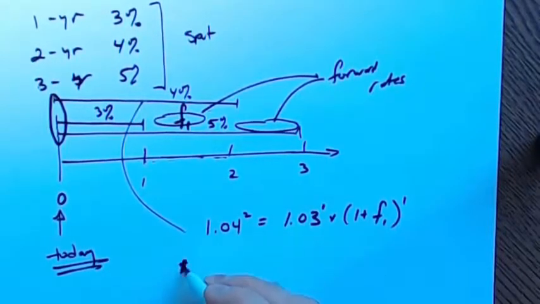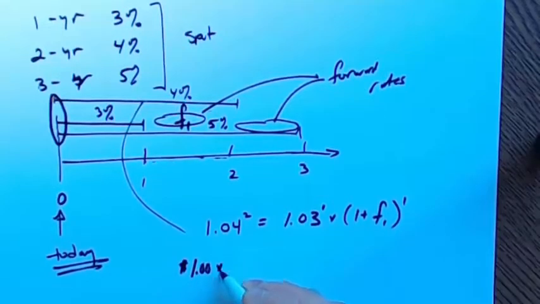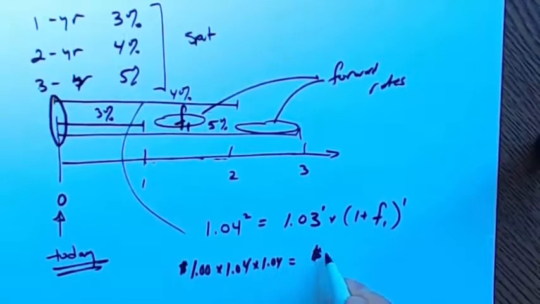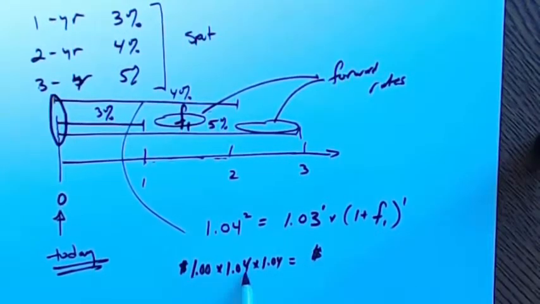So you can think of this as, look, $1 times 1.04 times 1.04. So you invest $1, it gets 4%, and then it earns 4% again.